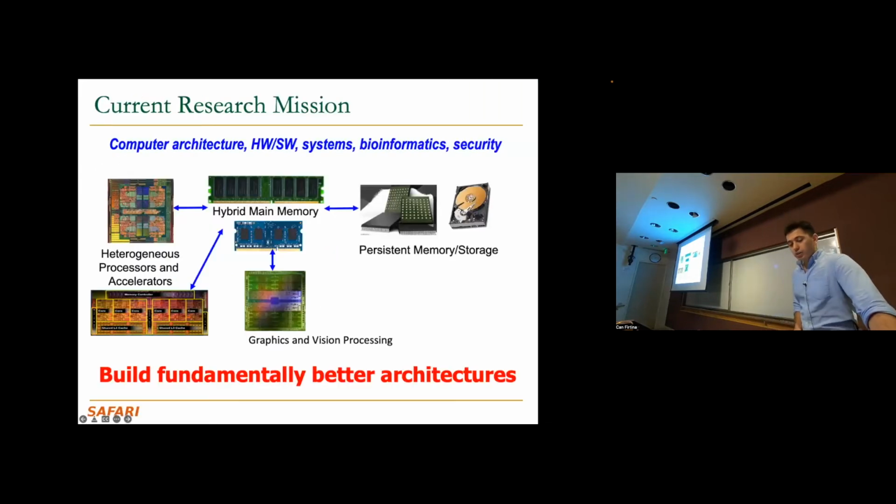Our current research mission is to mainly build fundamentally better architectures on topics related to computer architecture, hardware software co-design, bioinformatics, and security. So we basically take the entire computer architecture, let's say hardware design, into account when designing these hardware and software co-design applications.